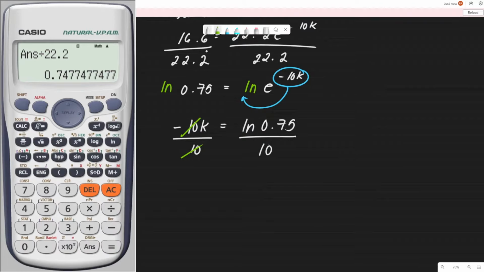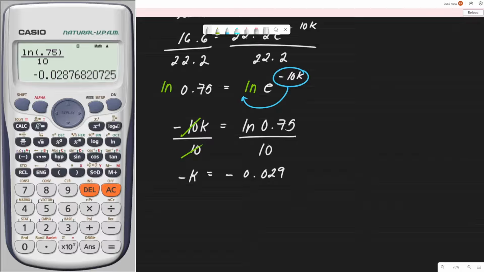So we have negative k is equal to the natural logarithm of 0.75 over 10. This is equivalent to negative 0.029, kasi 7 pala yung susunod. Okay, so this is our negative k.